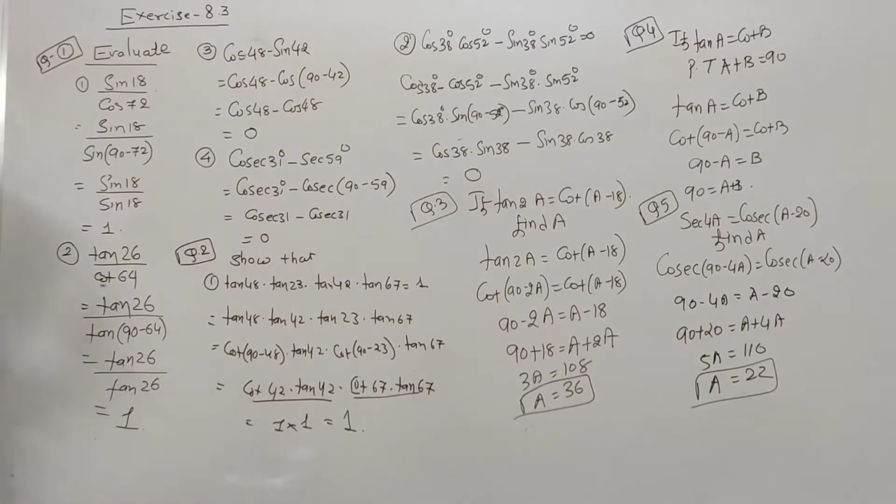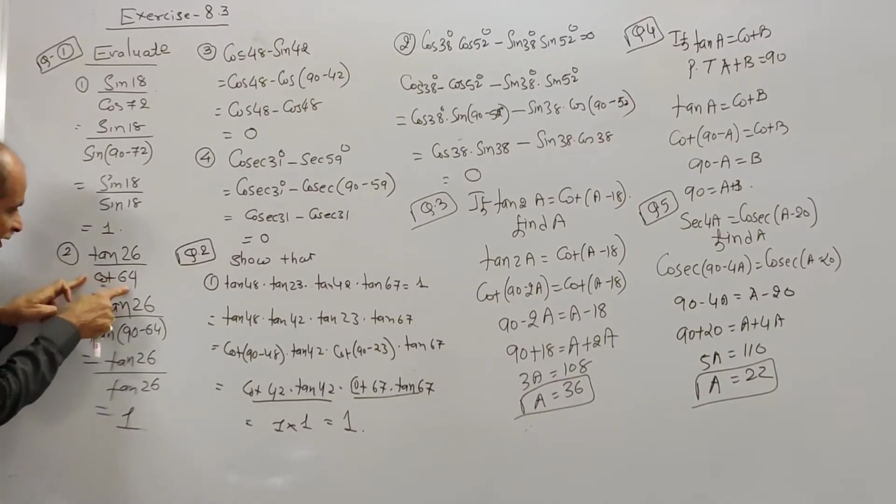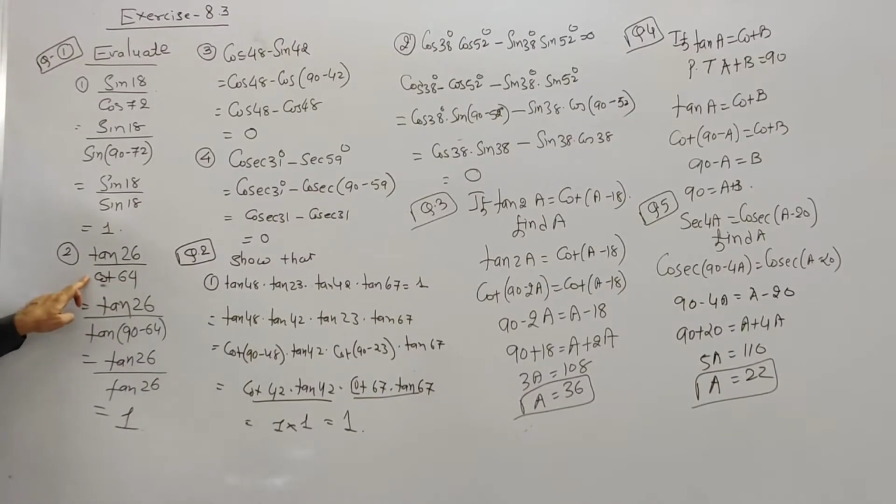Same way, same concept you have to use in second example. Tan 26 upon cot 64. Let me change the denominator, that is cot, into tan. You know the formula: cot theta is equal to tan 90 minus theta.